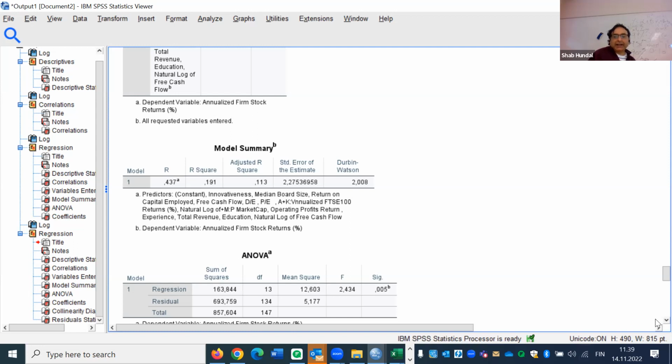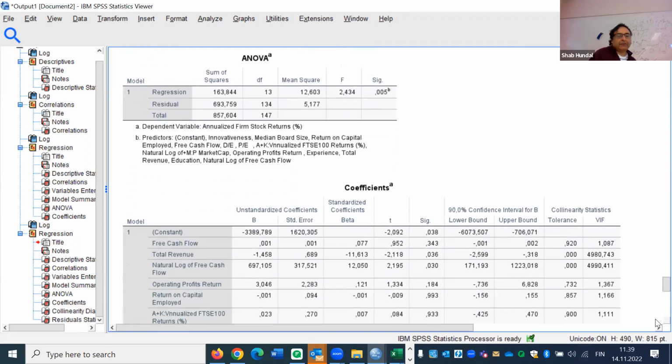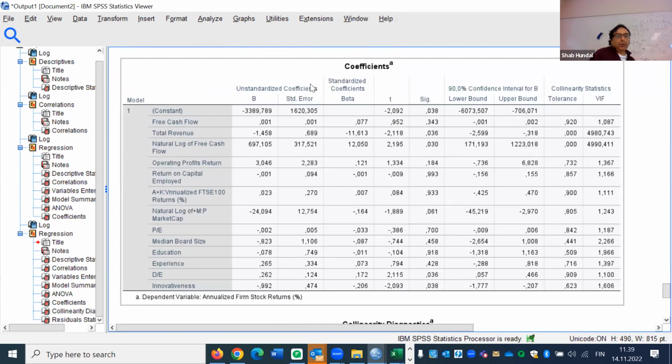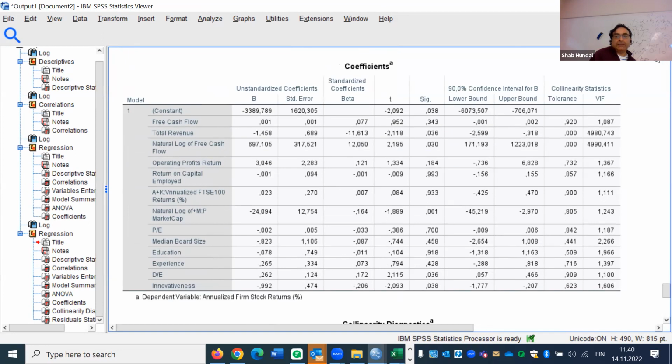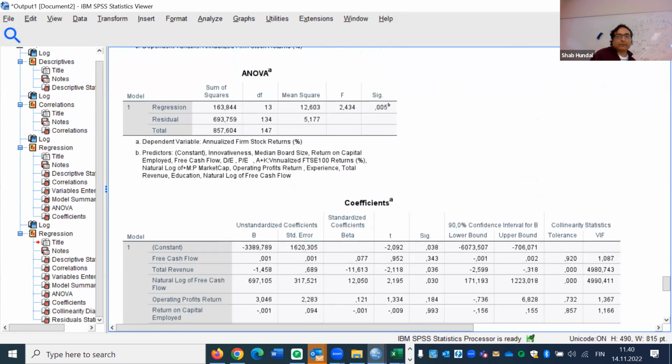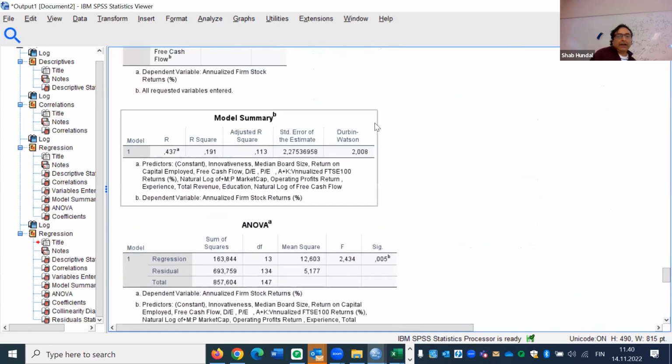How many variables we had? Independent variables. Let's count. We have free cash flow 1, 2, 3, 4, 5, 6, 7, 8, 9, 10, 11, 12, 13 independent variables. And what is the value here? 19.1.